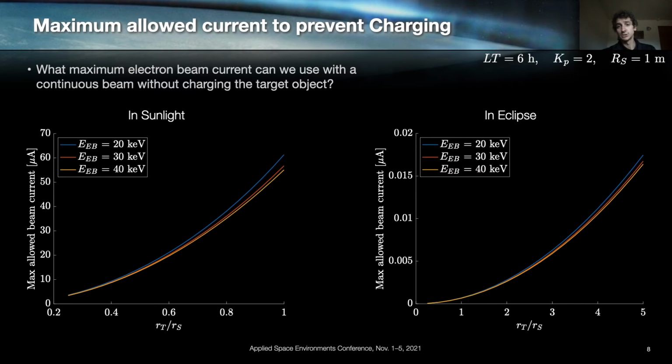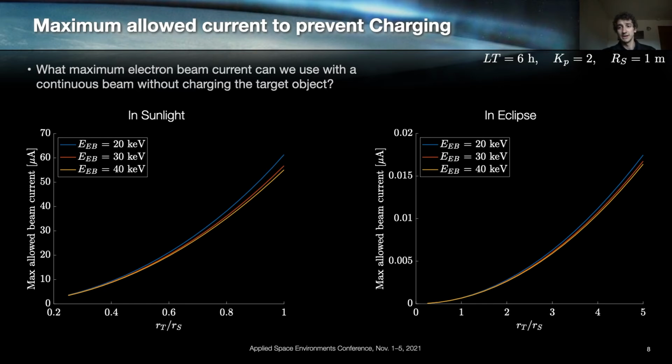However, if the target object is smaller, then we also have to work with a smaller current. Now, in eclipse, the maximum allowed beam current decreases significantly. For equally sized spacecraft, we could only use a beam current of about 1 nanoamp, such that we avoid charging. And even if the target object is 4 times the size of the servicing satellite, we could still only use about 10 nanoamps, such that we don't charge the target object.